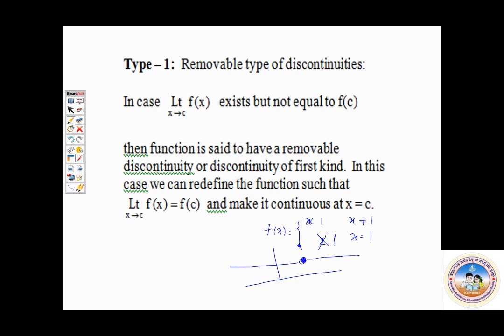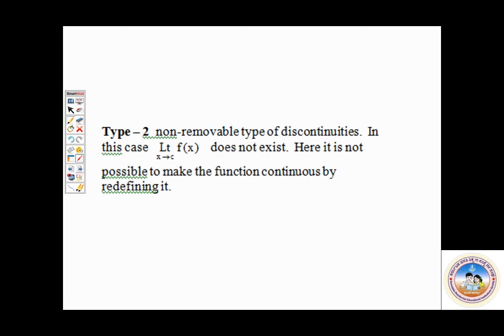Okay, now let us move to the next one. Non-removable discontinuities. In this case, the limit of f of x as x tends to c does not exist. Here it is not possible to make the function continuous by redefining it. Suppose I define a function like this: f of x equals sin x by x when x is less than 0. Sorry, less than 0; equal I cannot define because it is 0 by 0.